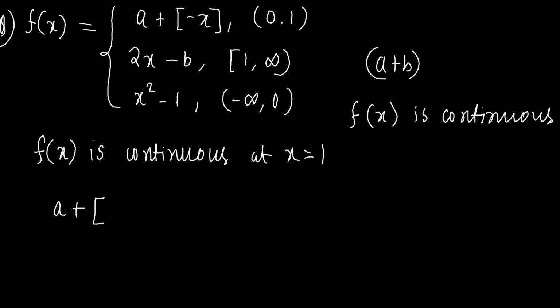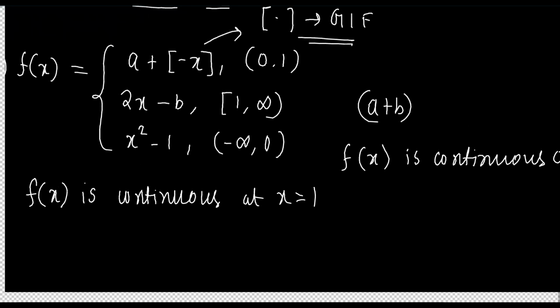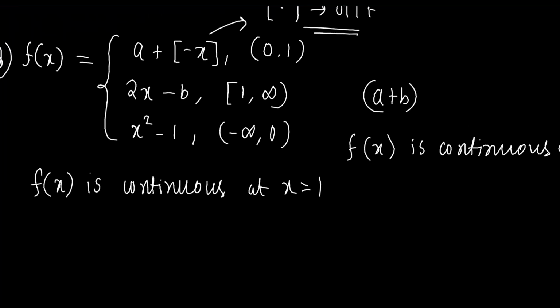Now we will not write in this way. Now you see, when we consider LHL, this is box x. LHL means x is just less than 1. So I am considering, suppose, 0.999. Then minus x will be minus 0.999.